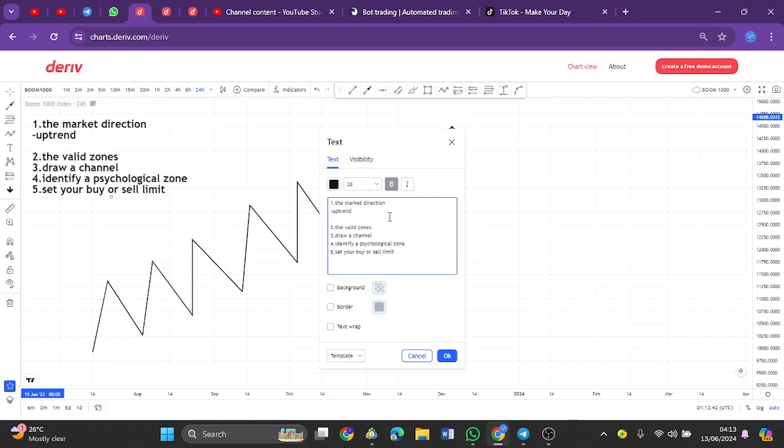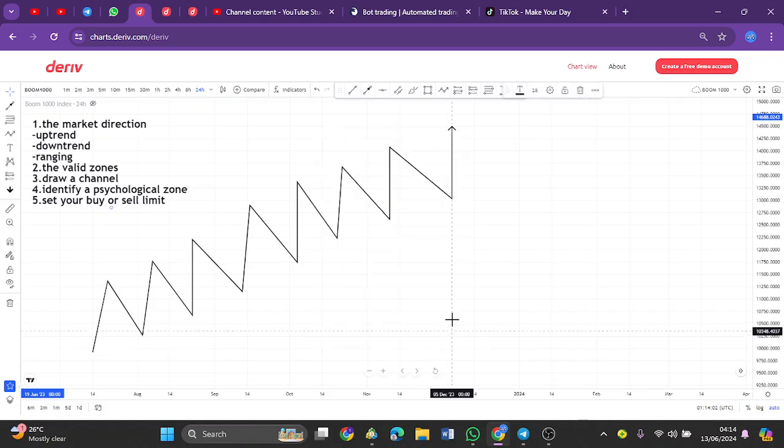Number two, we should have the downtrend. Number three, we should have the ranging market. Those are the things you need to have. Now this is your checklist.